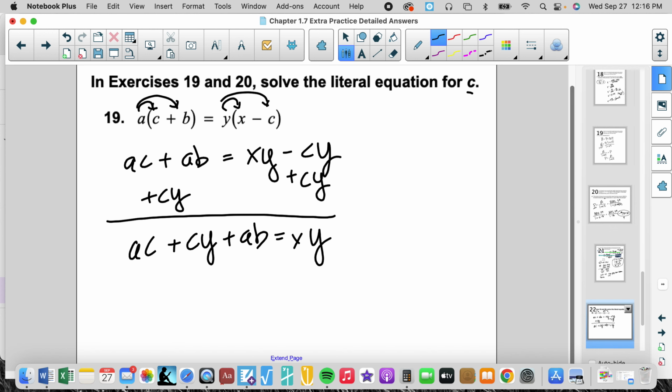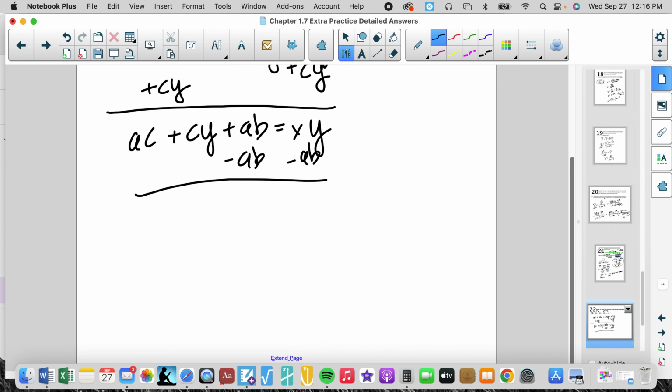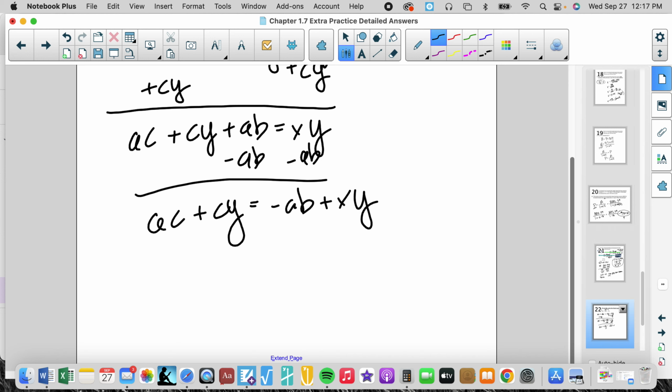And now I'm going to get rid of this AB and move it away. CY equals negative AB plus XY. So now I have this. Notice my C is multiplying A, my C is multiplying Y, so I can factor that out.